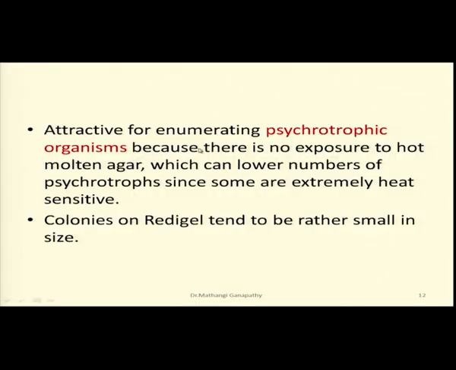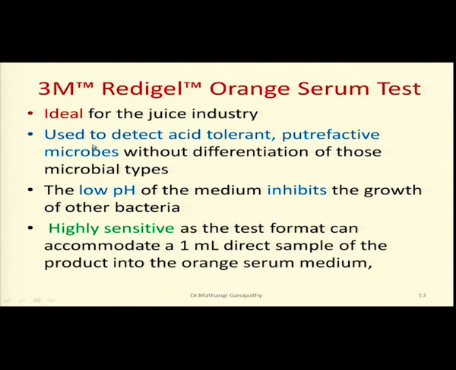So in such a condition, to allow the growth of such psychrotrophic organisms, we can use this ready gel, and the colonies on ready gel tend to be very small in size. On the basis of this, the company has developed another test, the 3M ready gel orange serum test.